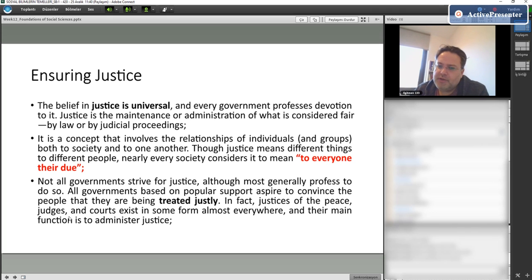For example, in the United States, Republicans or Democrats, they get sponsorship, millions and millions of dollars from the corporate world, from the economic elite. So it's almost impossible for a person on the street who doesn't have a job, who's homeless, to think, well, I don't get my share because there is no equality, there is no justice.